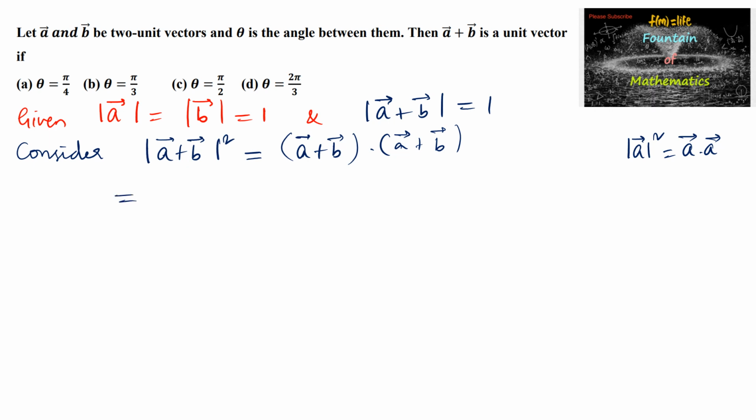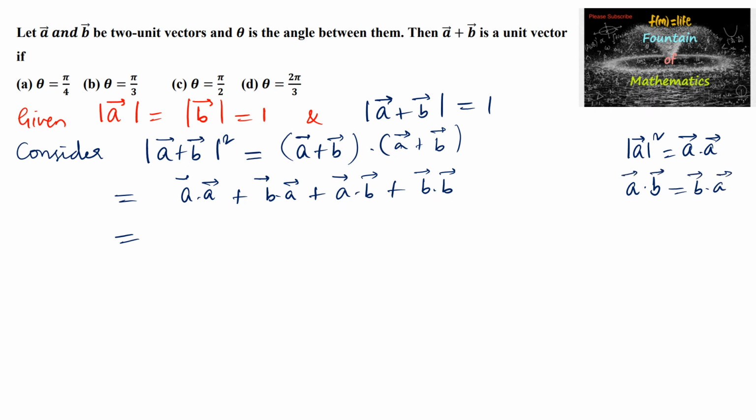So by using the dot product we can write A dot A plus B dot A plus again A dot B plus B dot B. And we know that A dot A is equal to mod A square, and A dot B and B dot A are both the same, since the scalar product is commutative. So we can write mod A square plus 2 times A dot B plus mod B square.